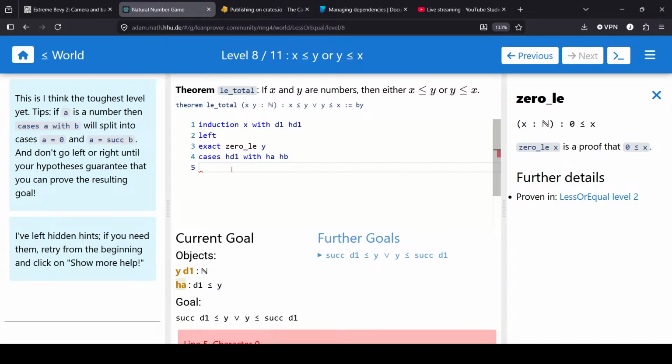Okay. If D1 is less than or equal to Y, which one I want to prove? Y is less than or equal to successor of D1. Well, that doesn't seem like that would work. No, I feel like I want to take left.